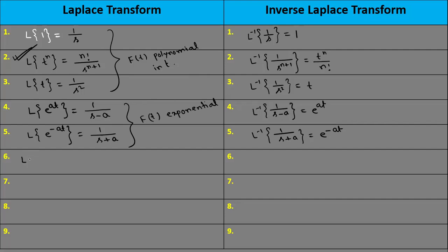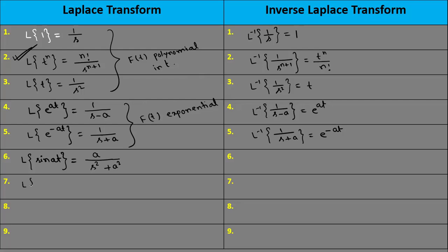So Laplace of sine at equals, when the trigonometric function is sine, the numerator will be the constant number a divided by s square plus a square. When the trigonometric function is sine, the numerator will be a and the denominator will be s square plus a square.